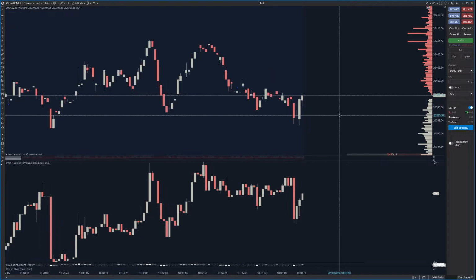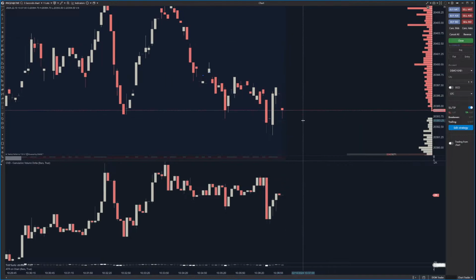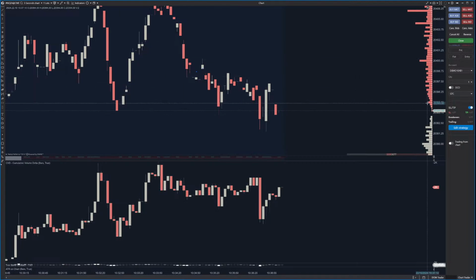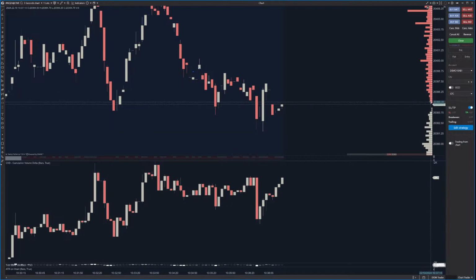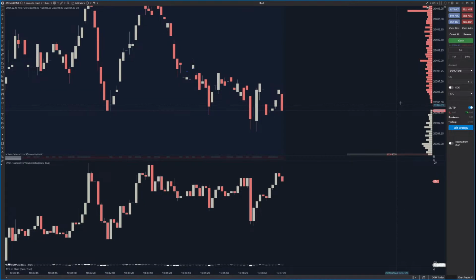So in order for price to move in a certain direction, let's say price wants to go up higher, you need to have aggressive buyers that are buying up the orders sitting on the order book, the sell limit orders. So the limit orders are not really moving price per se. They're providing liquidity for the aggressive buyers and the aggressive sellers.